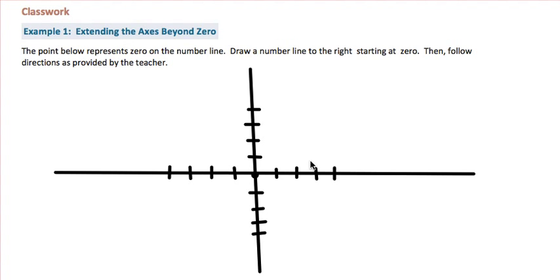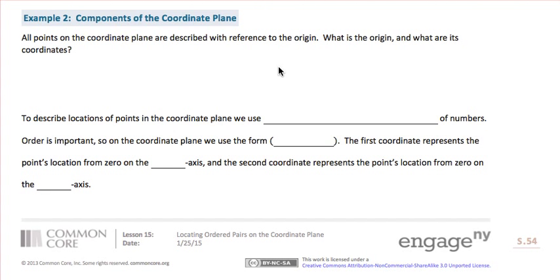So your axis might look something like this, your coordinate plane. Now all points on the coordinate plane are described with reference to the origin, and that is the origin. What is the origin and what are its coordinates?